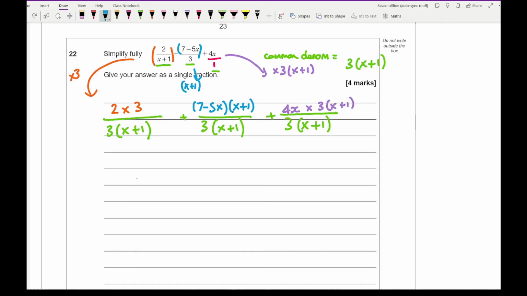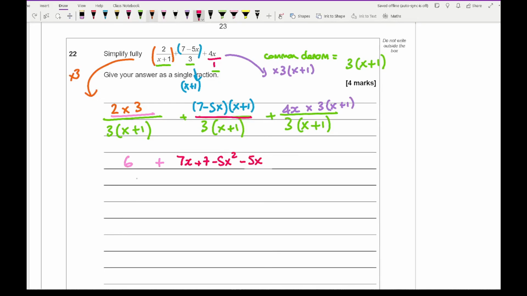So now that my denominators are the same, I can add the numerators together and we can simplify along the way. Looking at this, we get 6 plus, and then if I simplify that, I get 7x plus 7 minus 5x squared minus 5x.